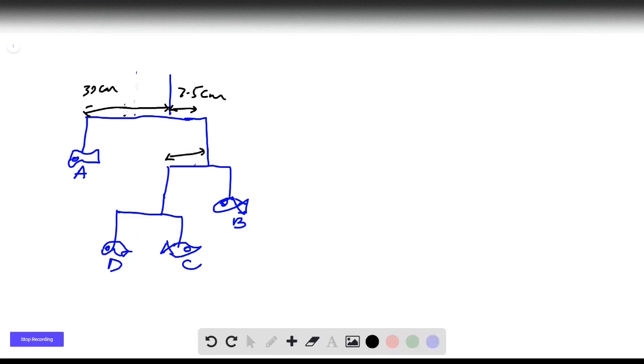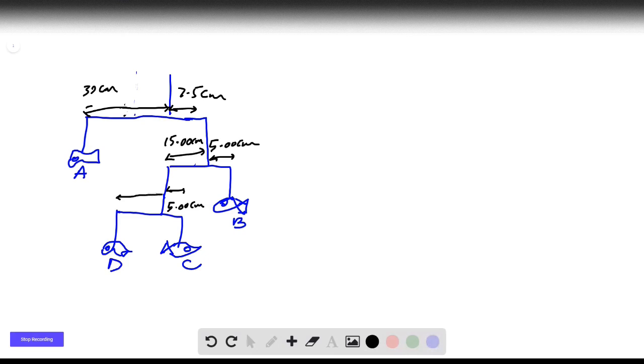So this one is giving us 15 centimeters, and then this one is giving us 5 centimeters. Also, this one is 5 centimeters, and that's this distance up until there.